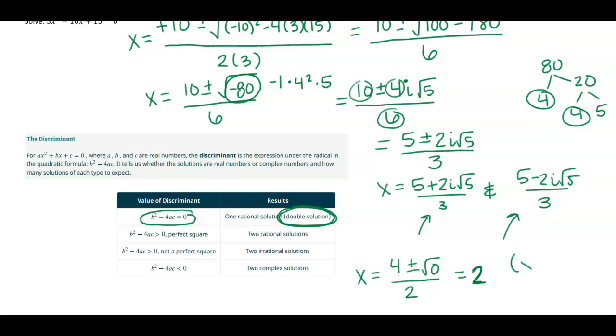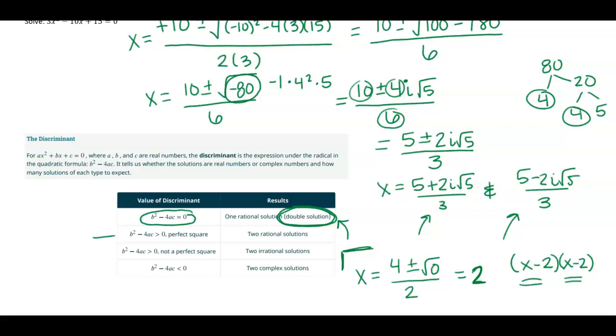I just made up this equation to go off of this example.